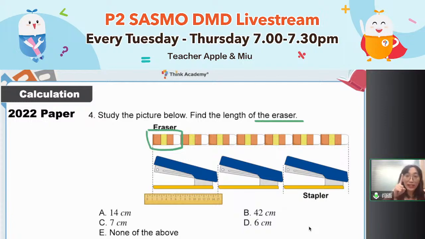Find the length of one eraser. I give you 1 minute, okay? See? Are you sure? D? Okay. Different answers again.